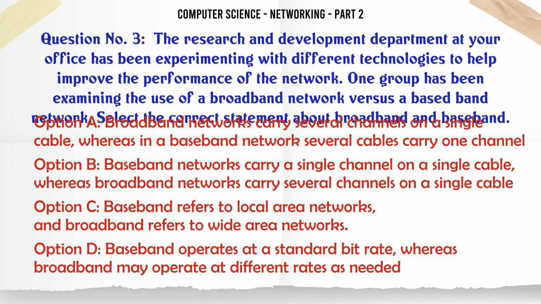B. Baseband networks carry a single channel on a single cable, whereas broadband networks carry several channels on a single cable. C. Baseband refers to local area networks and broadband refers to wide area networks. D. Baseband operates at a standard bit rate, whereas broadband may operate at different rates as needed.